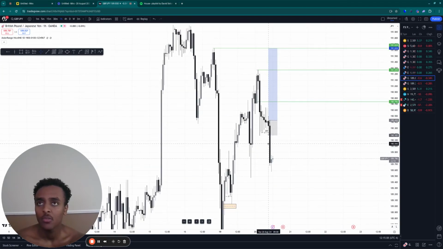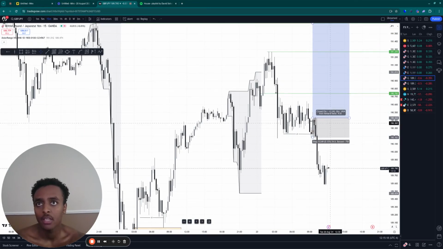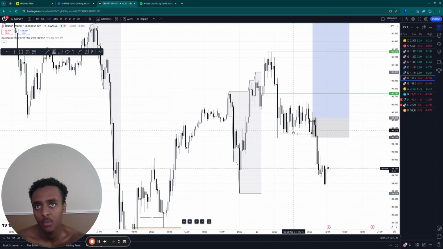So I was thinking to myself, ooh, this could be an hourly sweep, invalidation of the hourly order block because we've got so many mitigations at this point, right? And then I can say, oh, we also broke 15-minute structure and we're just waiting around. So I just want to see a sweep of liquidity here because this is a massive buildup here. And I just want to see where I can execute.